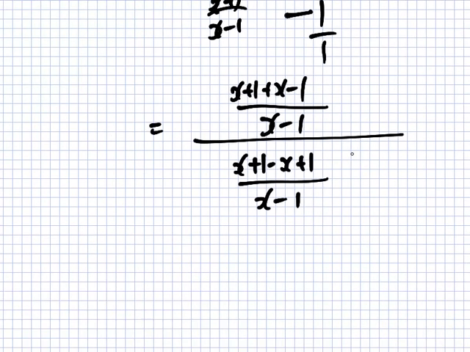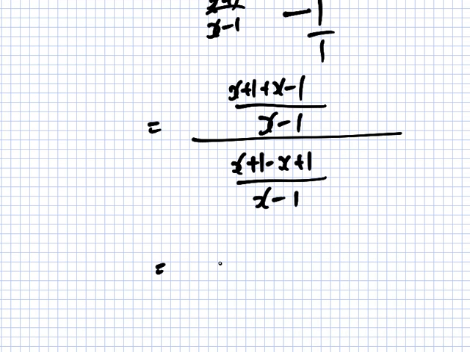Which equals 2x on the top over 2 over x minus 1. This equals x. Very good.